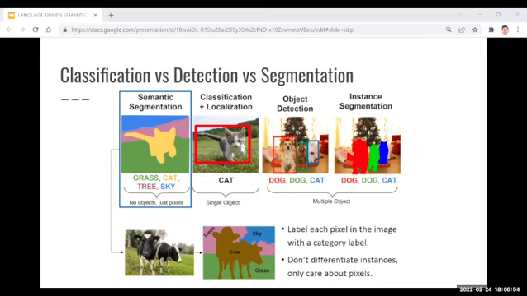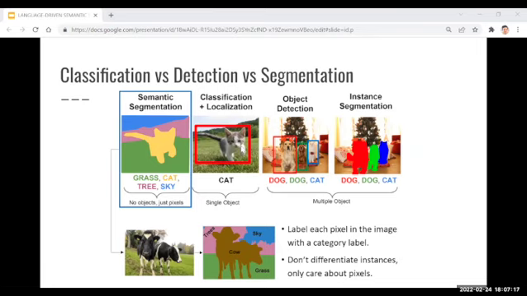Segmentation is different from object detection in the sense that segmentation is of two kinds. One is instance segmentation and the other is semantic segmentation. Instance segmentation essentially identifies the boundary of an object and labels its pixels with different colors.